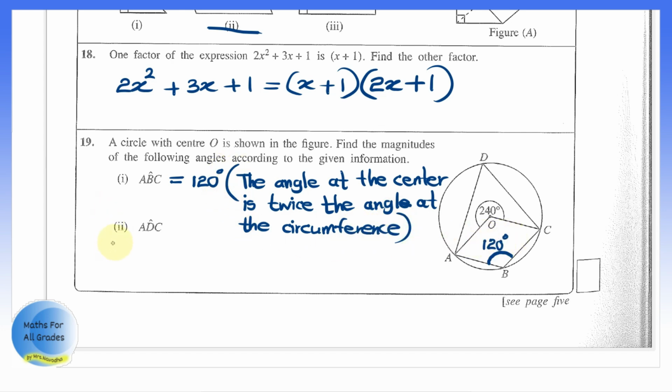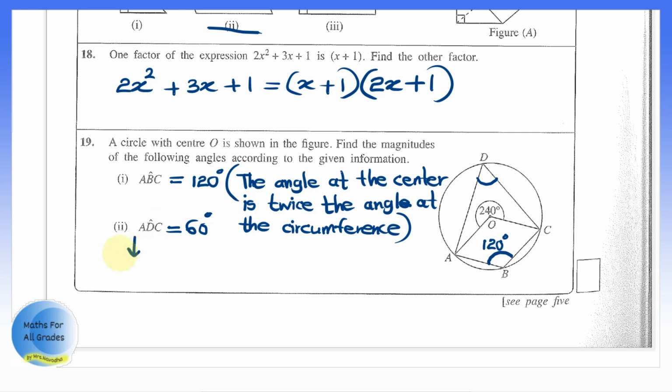Problem number 2, angle ADC. ADC is here. And I can see ADCB is a cyclic quadrilateral. Therefore, opposite angles are supplementary. That means the sum of the opposite angles is equal to 180. So this angle is 120, so ADC is 60 degrees.